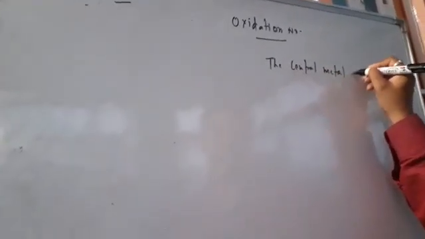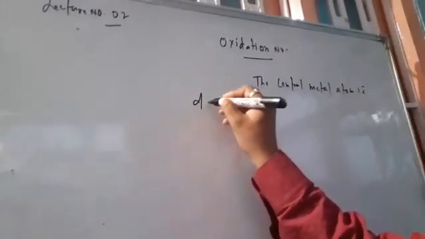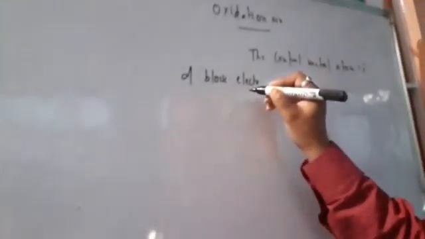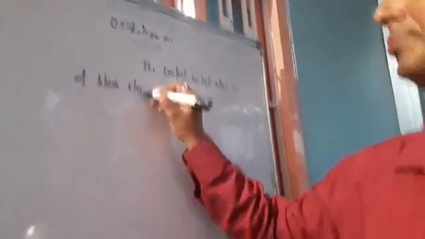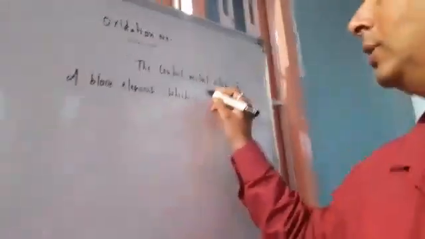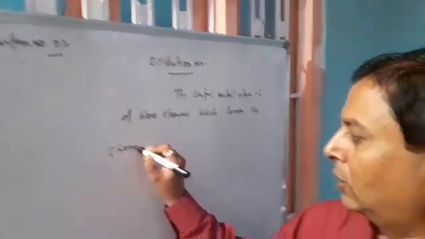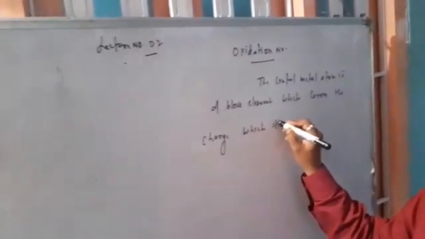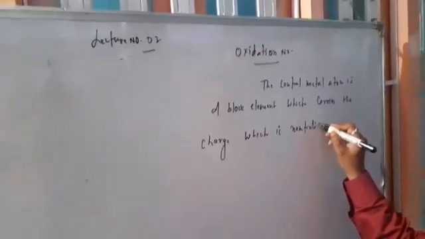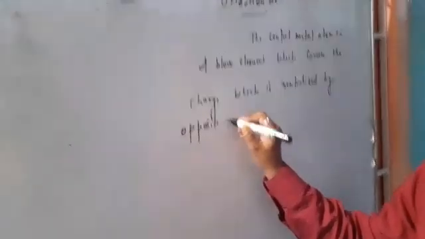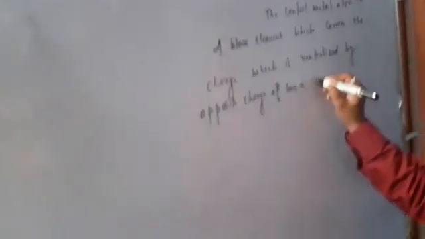The central metal atom, that is a d-block element, carries a charge which is neutralized by the opposite charge of ions, that is, the ligands.